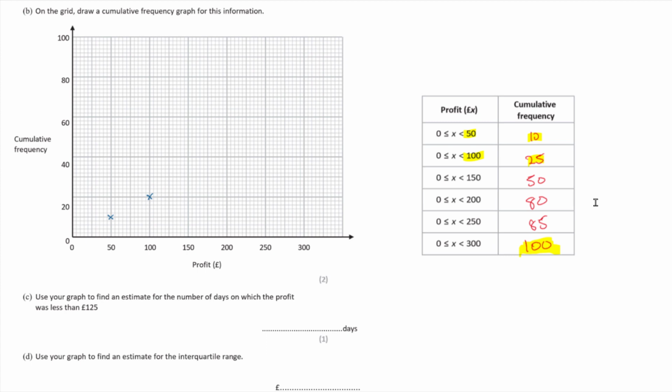Next one, 150 against 50, this is there, and so on. Then that'd be 200 against 80, there, and 250 against 85. So that's going to be halfway between those, and then finally 300 against 100.